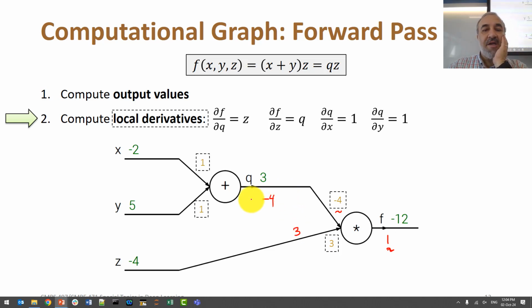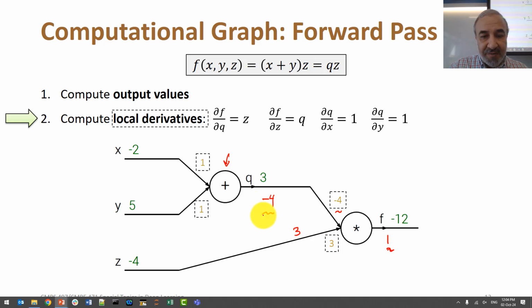Okay. Now, we are at that gate. What are the derivatives for that gate? We know the derivative of the output of that gate. What is minus 4, by the way, so far? Of f with respect to q. Very good. Now, we want to compute df by dx and df by dy. Again, by the chain rule.